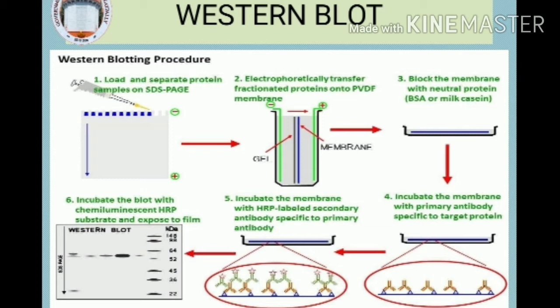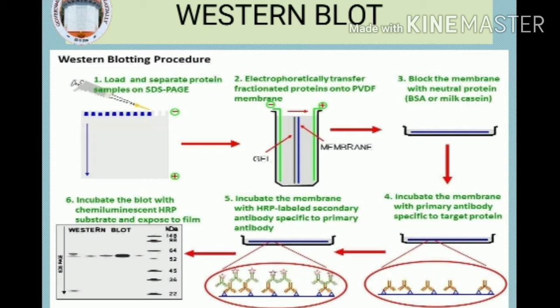Then these antigens, after separation, are blotted onto nitrocellulose filter paper. This filter paper is treated with a serum sample collected from the individual.